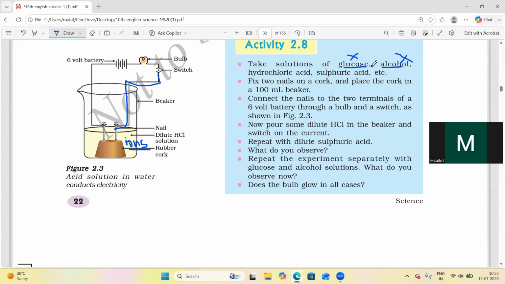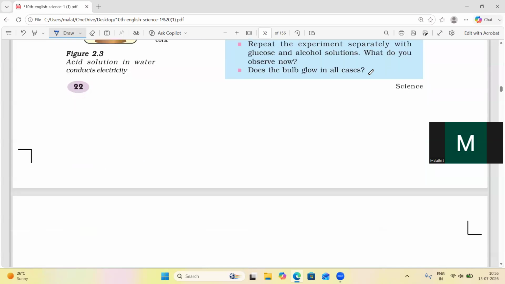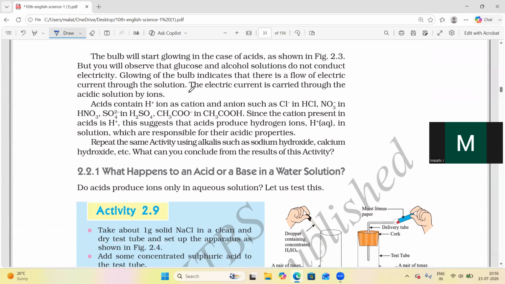No, because glucose will not produce ions in water. These are important exam questions: why acidic and basic solutions conduct electricity, and why glucose and alcohol do not.